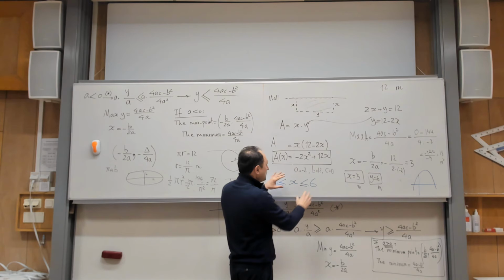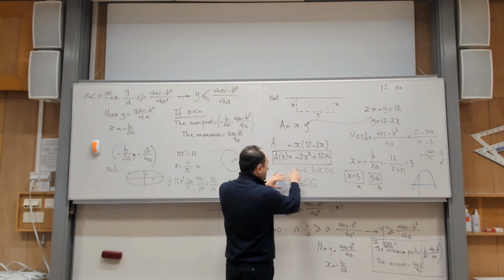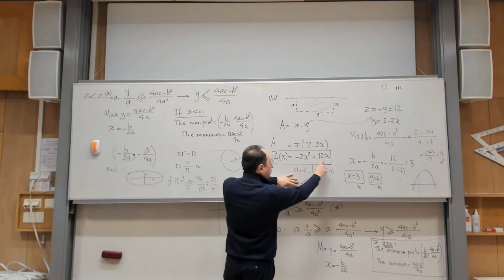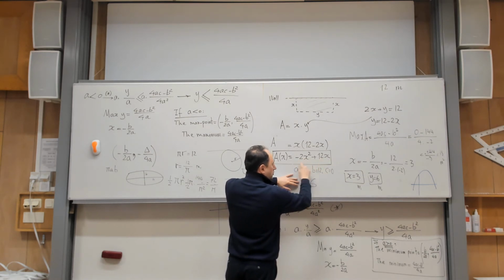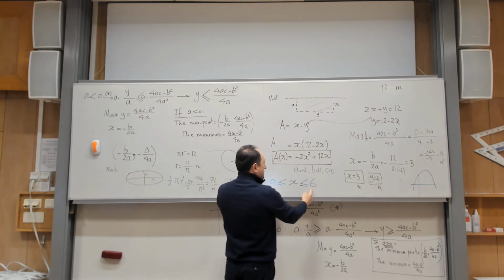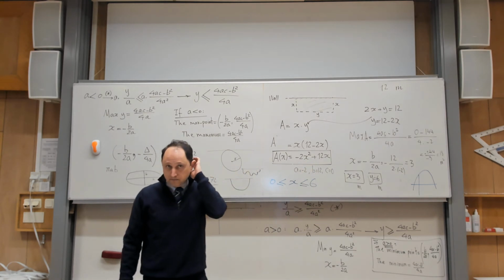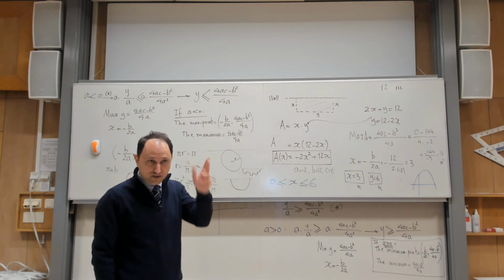But here, I just want you to understand, sometimes I have this graph. If I give you the whole graph, there are no minimum points at all. But if I limit myself to some interval, it might happen that this also has a minimum. Yes or no? Is that understandable?